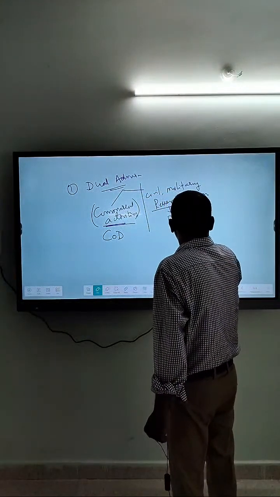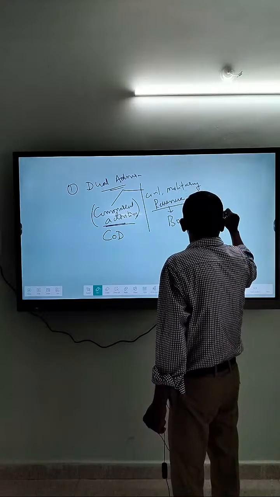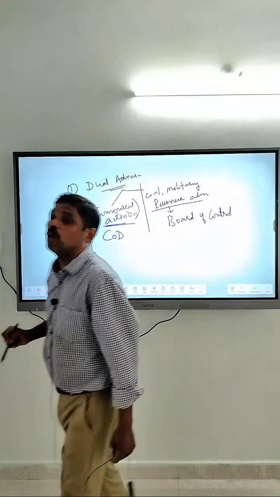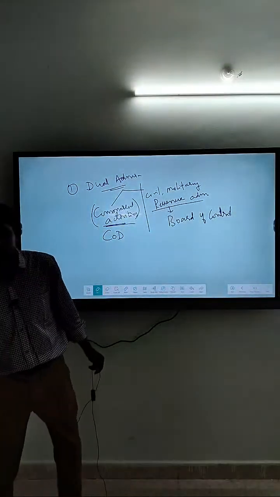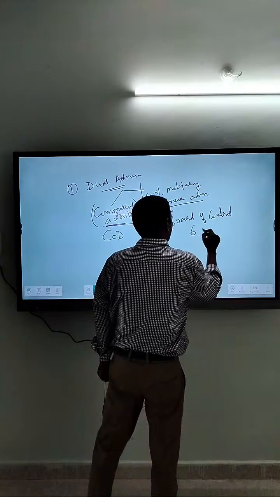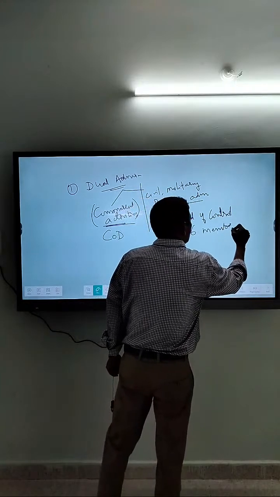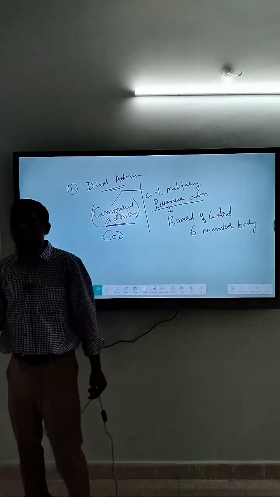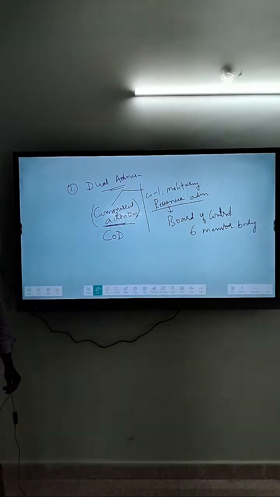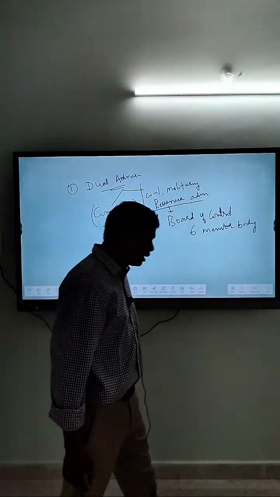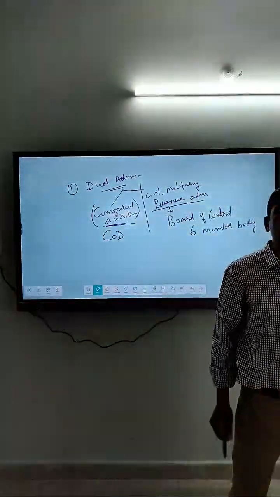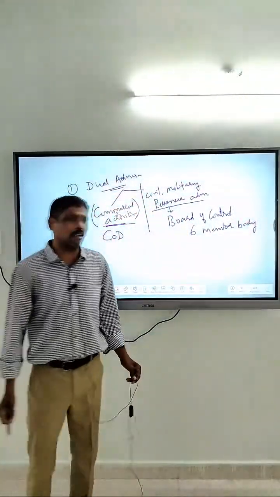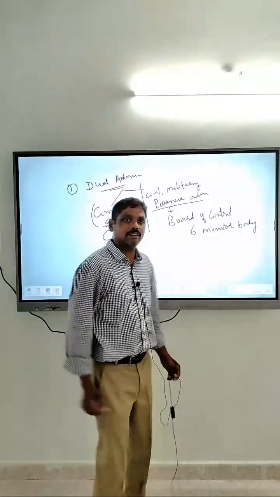The 1784 Act created a new institution called the Board of Control, which is a 6-member body. These 6 members are the Chancellor of Exchequer, the President of Board of Trade, and 4 Privy Council members. Do you want me to repeat?